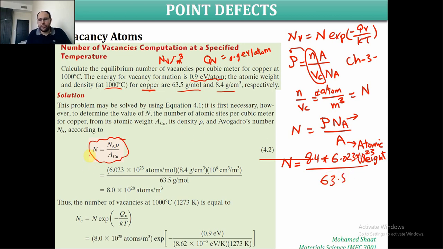This is going to give us N, but we have to achieve some consistency in the units.